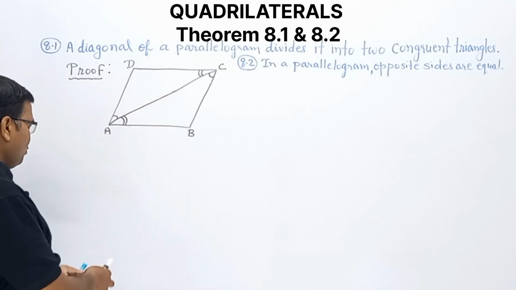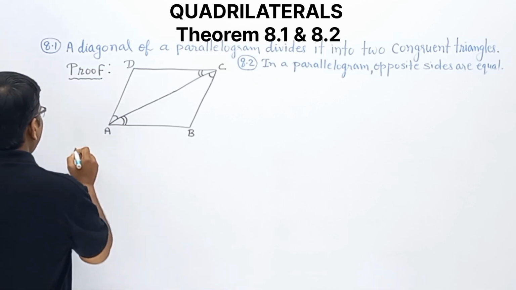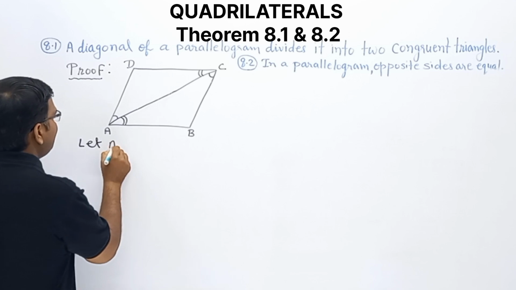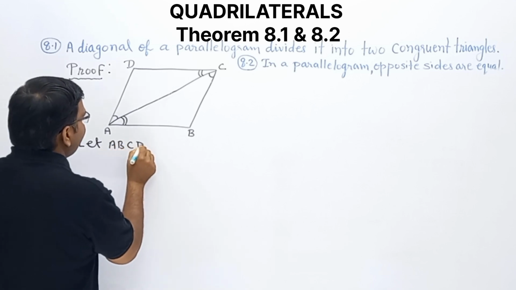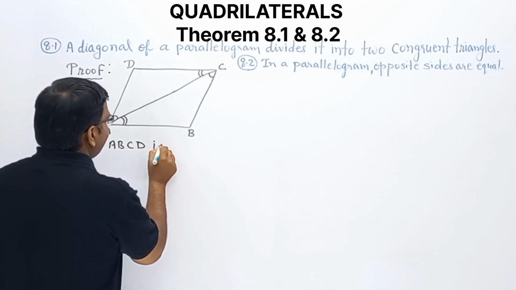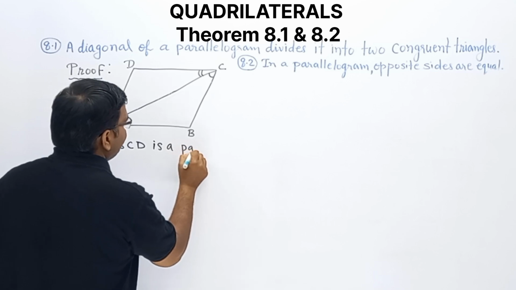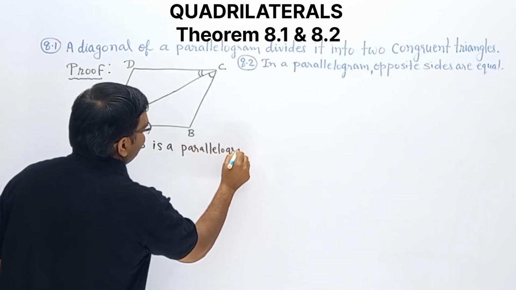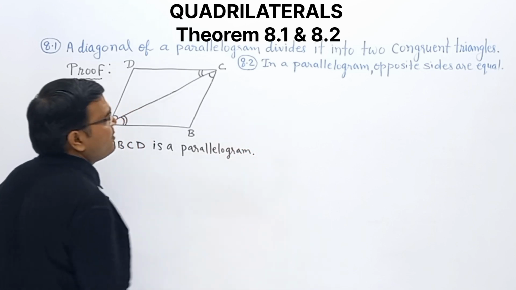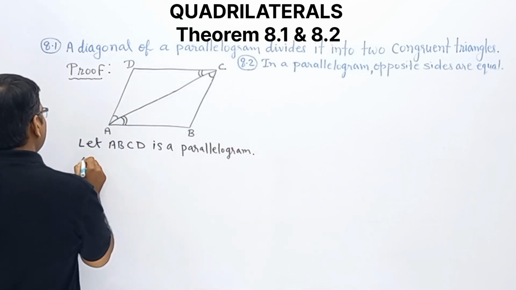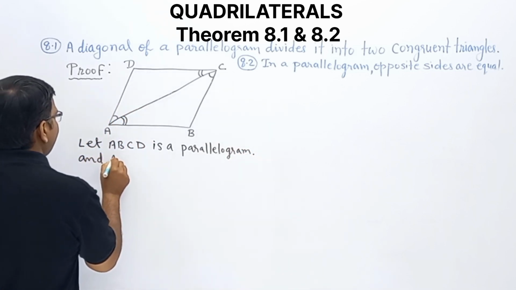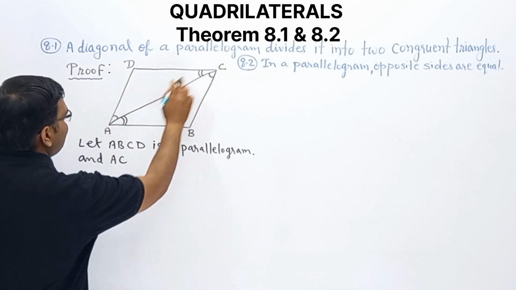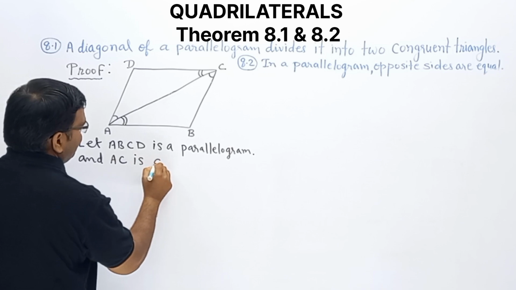So how will we prove it? Observe, let ABCD be a parallelogram, and AC is a diagonal.